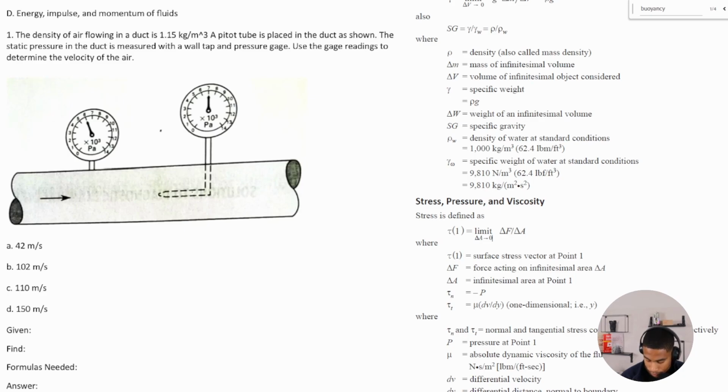All right. So what are we given? Well, we're given the density of air.